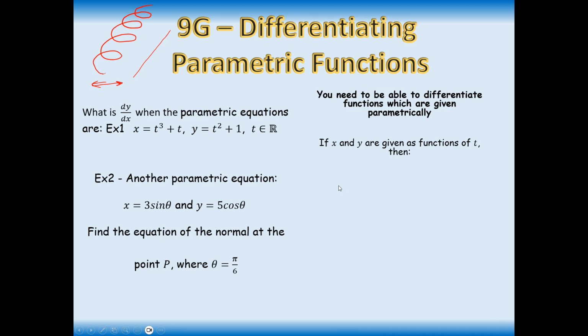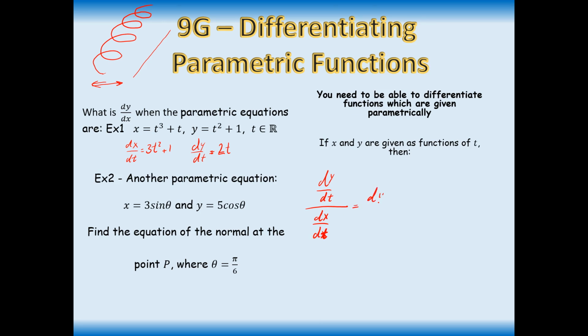If we find the rate of change of y with respect to t, something simple such as 2t, and we find the rate of change of x with respect to t, which would have been 3t squared plus 1, then as we've done before with the chain rule, if we divide dy by dt by dx by dt, the dt's will cancel away.